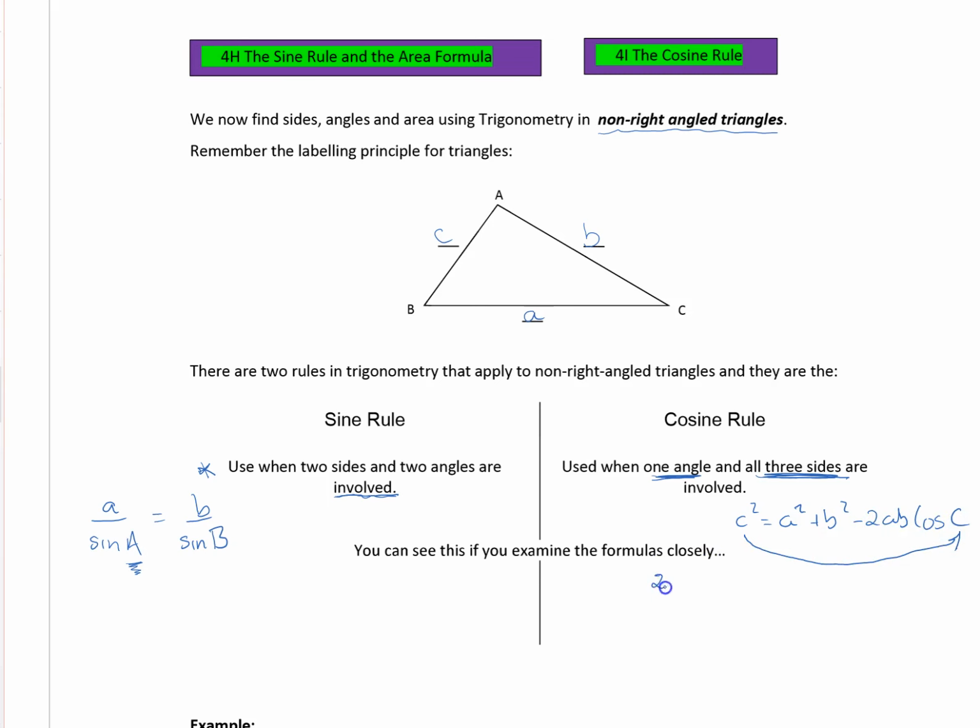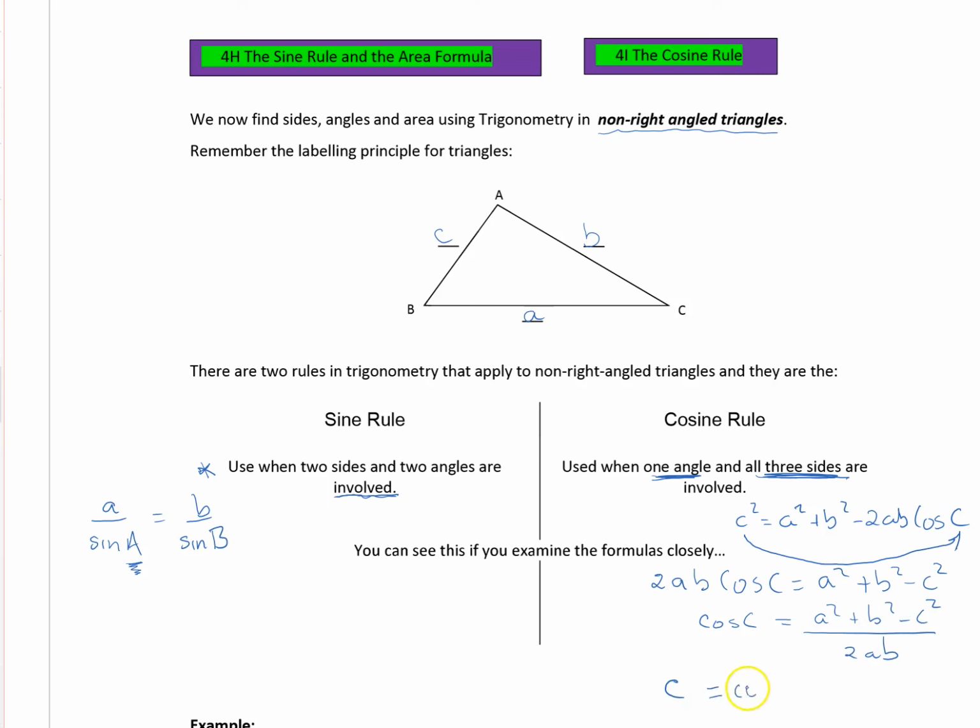First we bring over the 2ab cos c to make it positive. We leave the a squared plus the b squared, and we take the c squared over, and obviously it'll become a minus. We divide both sides by 2ab, and that leaves us with cos c equals a squared plus b squared minus c squared over 2ab.